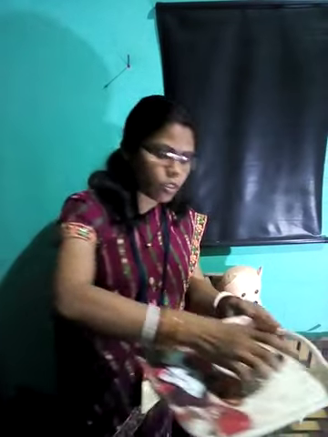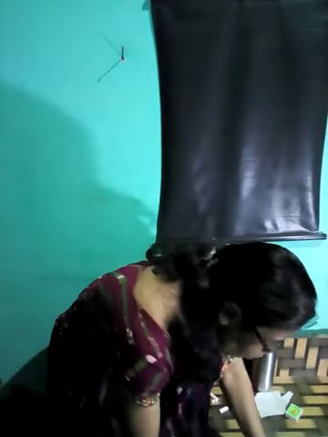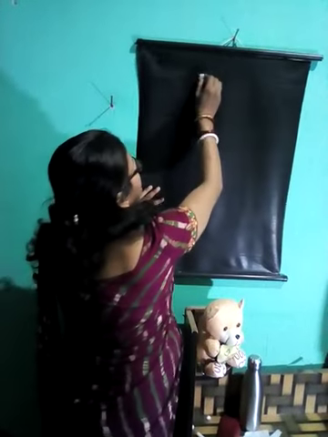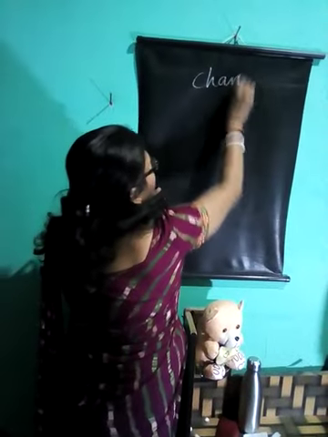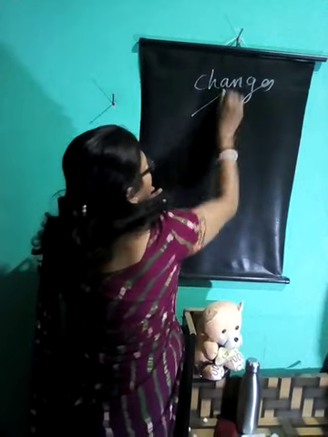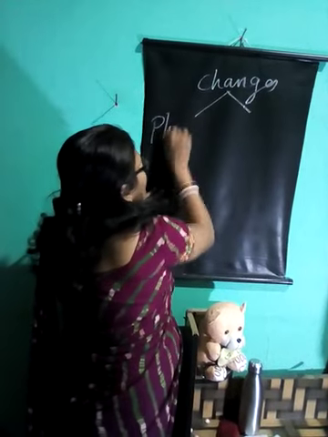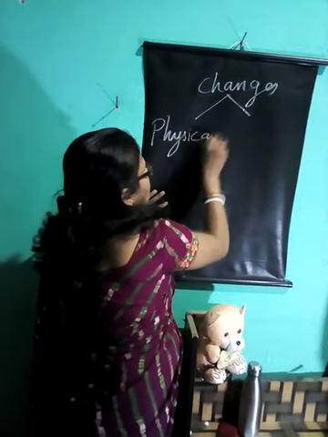You can see ashes. Paper has converted into ashes. So now here you can see this thing you have studied in class 9, changes. What are the two different types of changes? Physical change and chemical change.